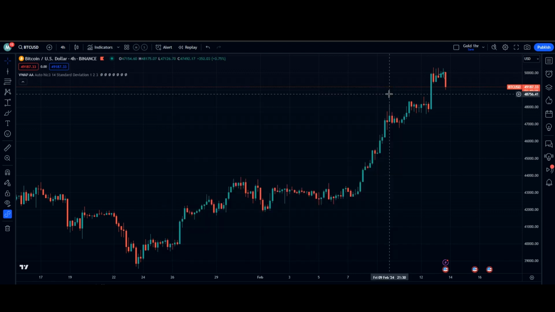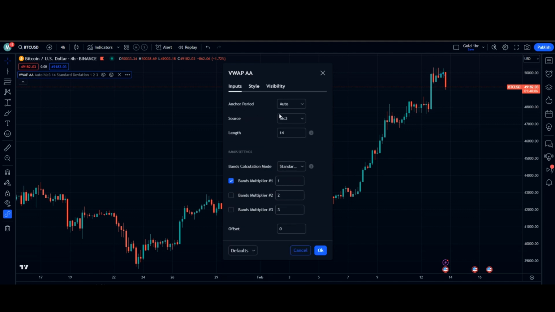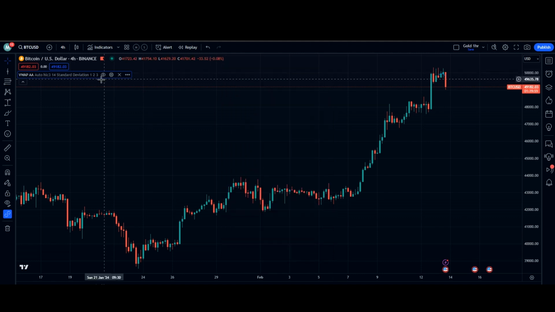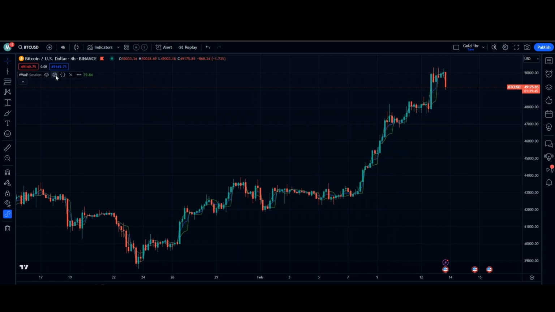So if we see the auto anchored VWAP, sorry, it's not working for some reason. Yeah, so this is the VWAP.